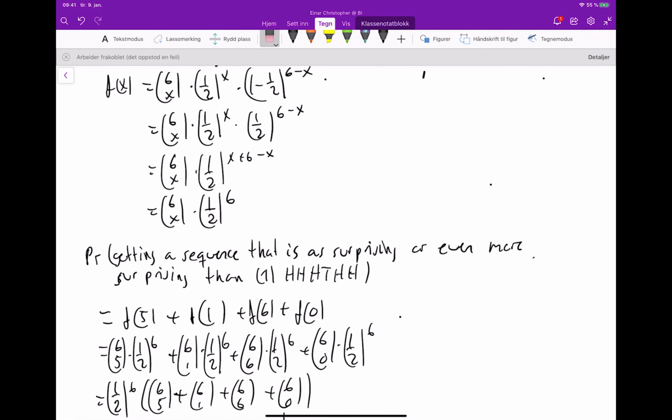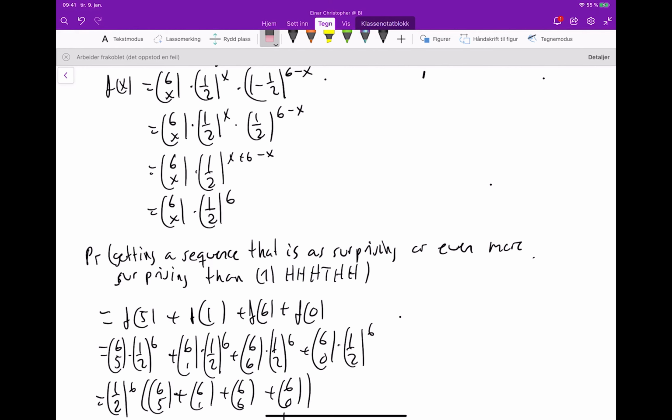And then it's easier to calculate the probability of getting a sequence that is as surprising or even more surprising than 1, where 1 is the sequence head, head, head, tail, head, head. And this is equal to that we get either 5 heads, or 1 head, or 6 heads, or 0 heads.